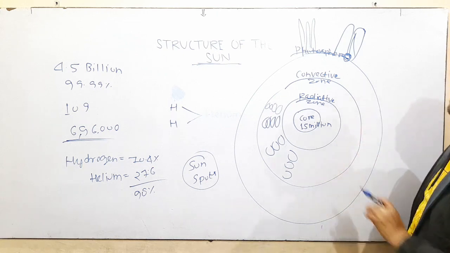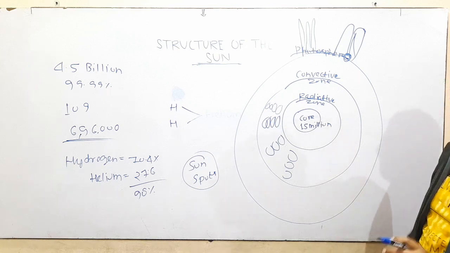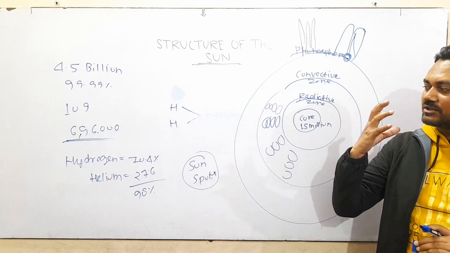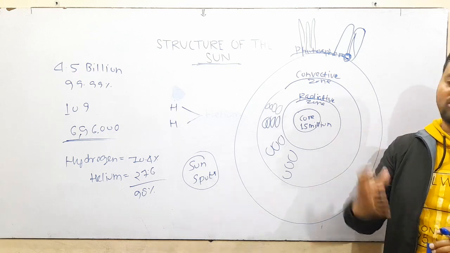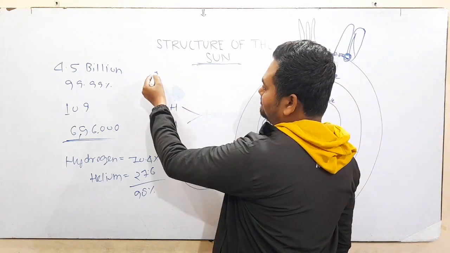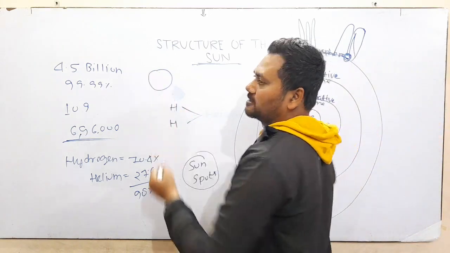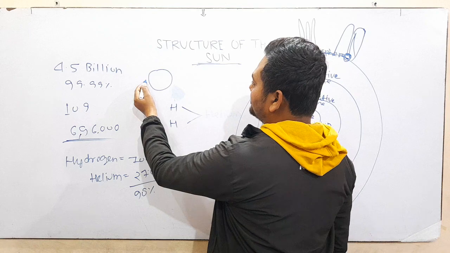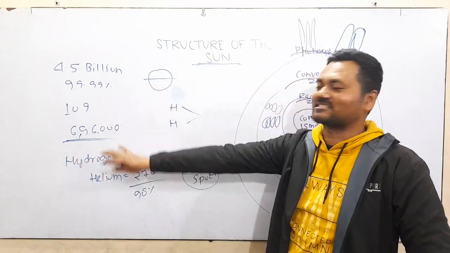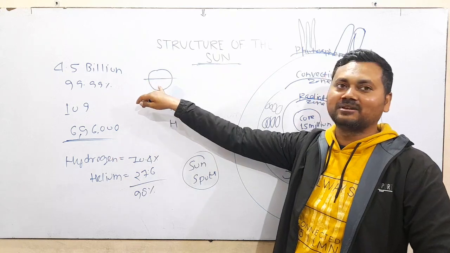And these sun spots are formed if you take this as the sun, and this is the radius of the sun, 6,96,000. So this is the diameter.